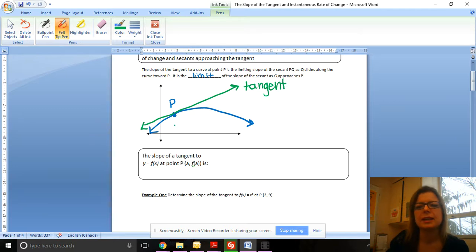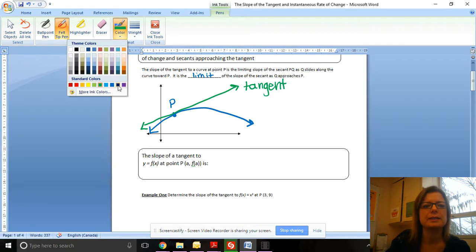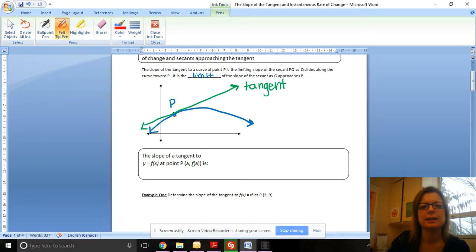The idea here is that if we take a series of secant lines that slide closer and closer to the point P, our secant lines will become closer and closer to approximating a tangent. We think about Q, these secants, as sliding closer and closer to P. As Q slides closer and closer to P, these red secants approximate the slope of a tangent.